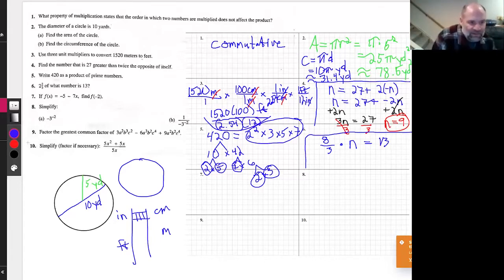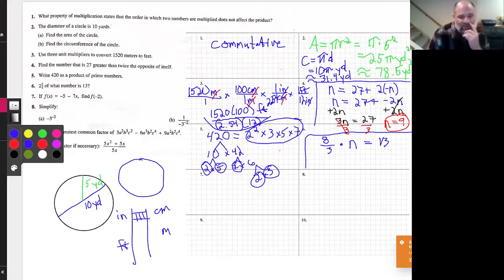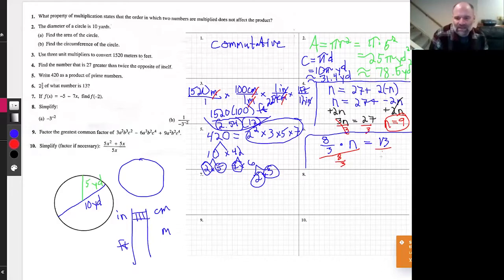All right. So this is an equation, and there's only one step. You just have a coefficient. So dividing by a fraction, we're going to copy dot flop, right? 13 divided by 8/3. Well, that's just 13 over 1 times 3/8, copy dot flop.